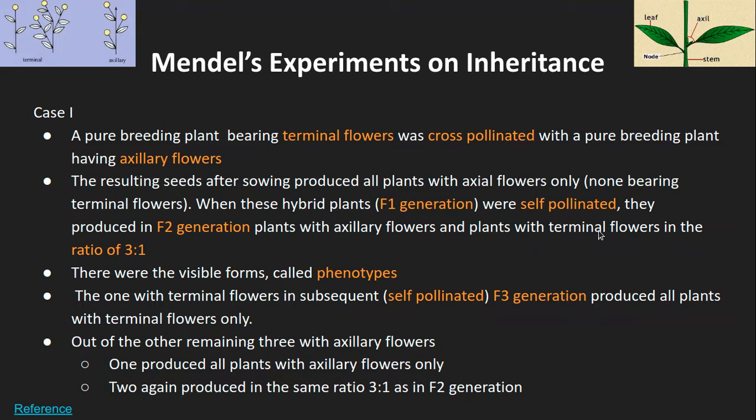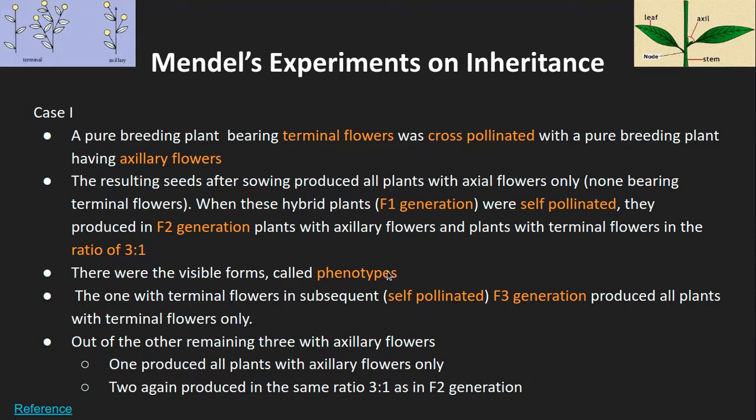If you look at the phenotypes we worked out on the board, there will be 3 axillary flowers and only 1 terminal flower. That means the ratio is 3:1, and that is what the statement means.